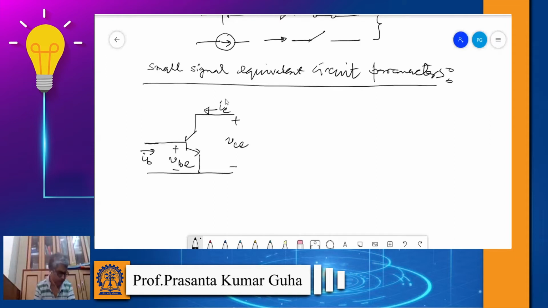If we look from the input side, you remember, this total instantaneous base emitter current varies with total instantaneous base emitter voltage exponentially, and we can take the slope at the Q point.